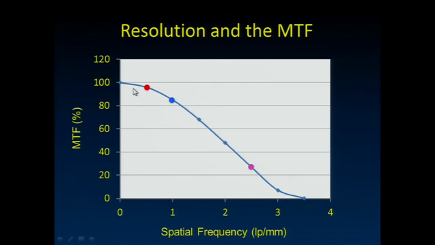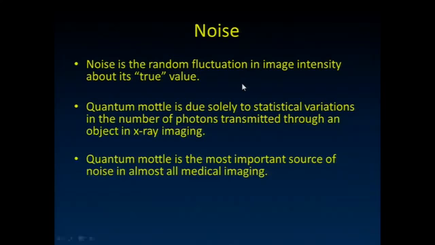In looking at this, just keep in mind what a really good system should do. A really good system should be flat, way out here, even up to very high frequencies. No matter how many line pairs per millimeter you get, you still get very close to 100% of that true height. So with the MTF, the flatter that looks across, the better the resolution properties.